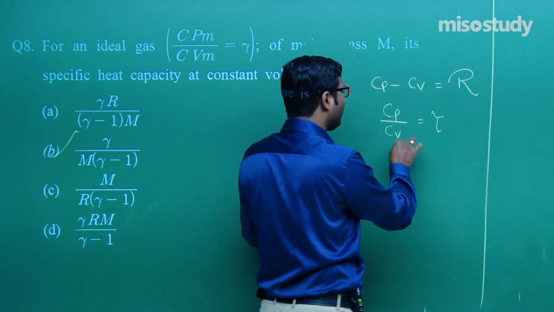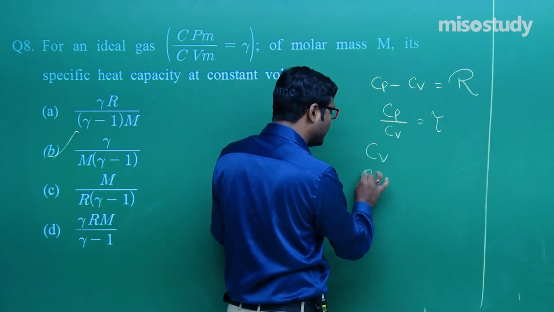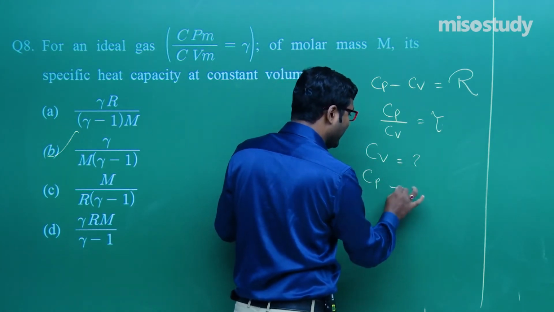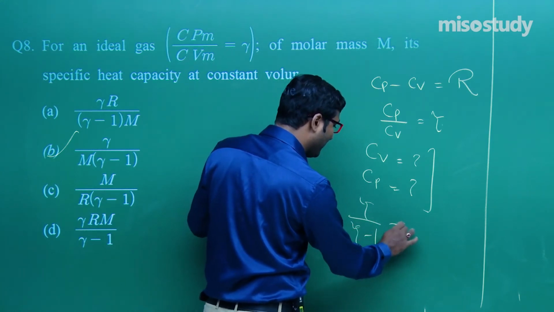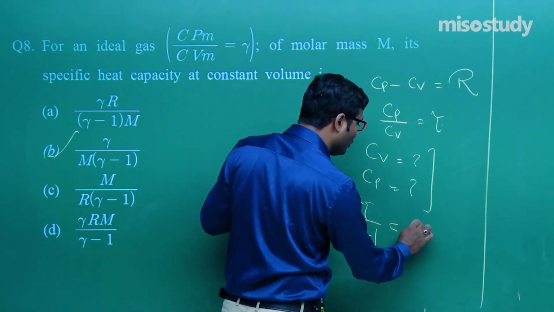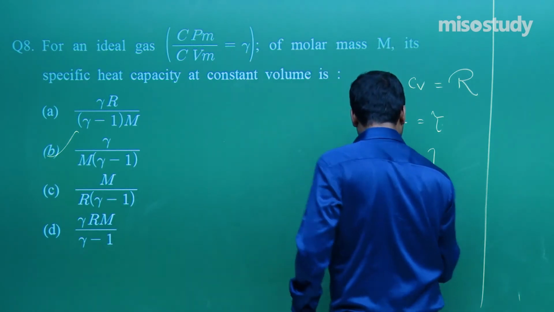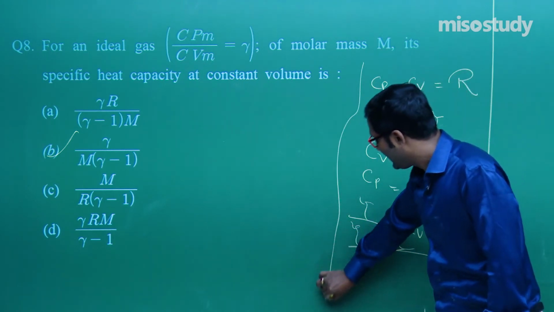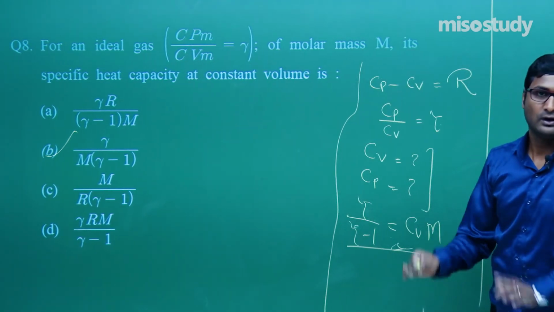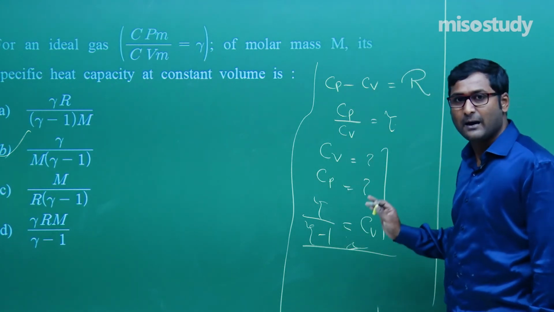If we put in the value, then definitely you will get the relation of Cv and Cp. I have derived this relation in my theory lecture also. Clear? If you have any doubt, you can easily approach me.